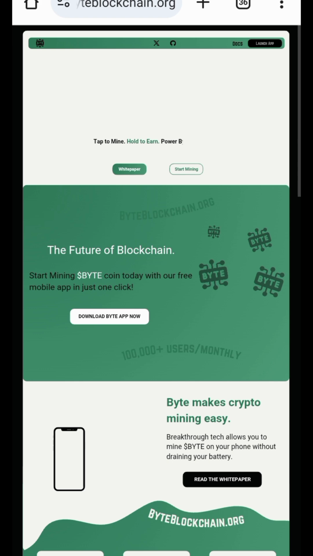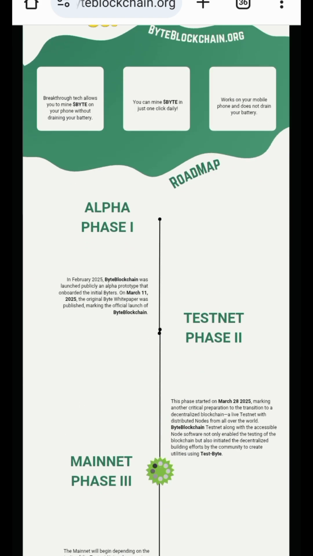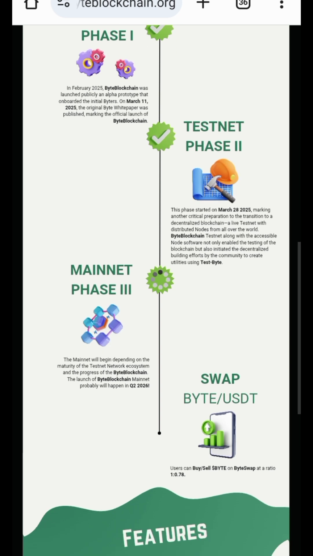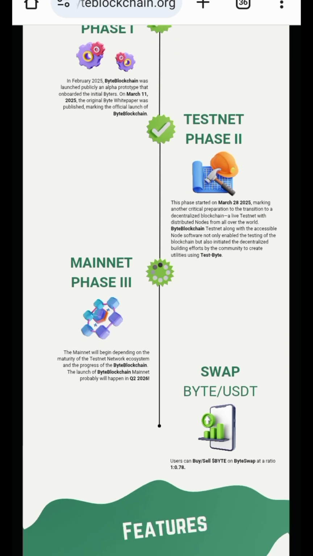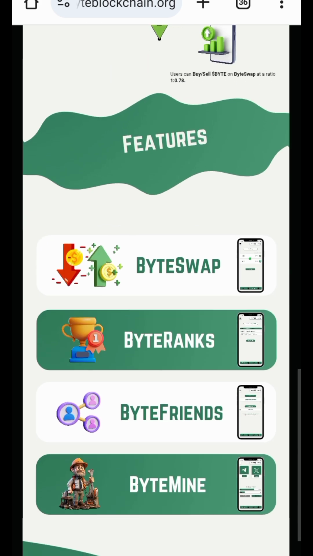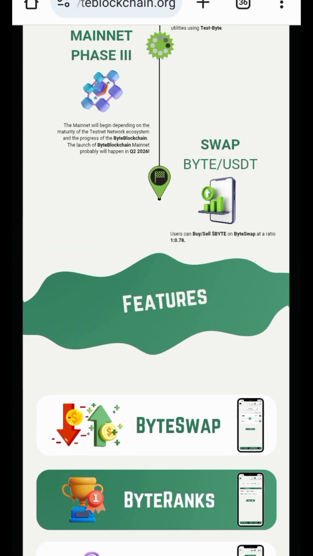So this is the white paper. You scroll down. The alpha is phase 1. The testnet is phase 2, and this phase started on March 28. This is the swap. At your leisure, you can read more.